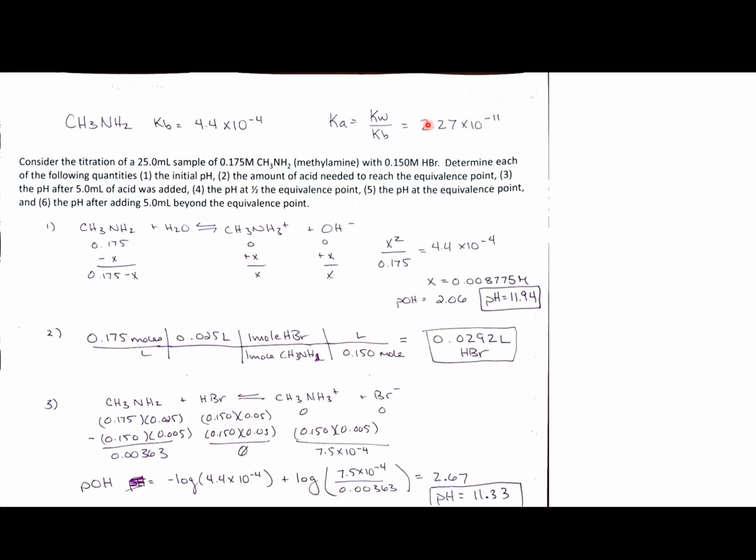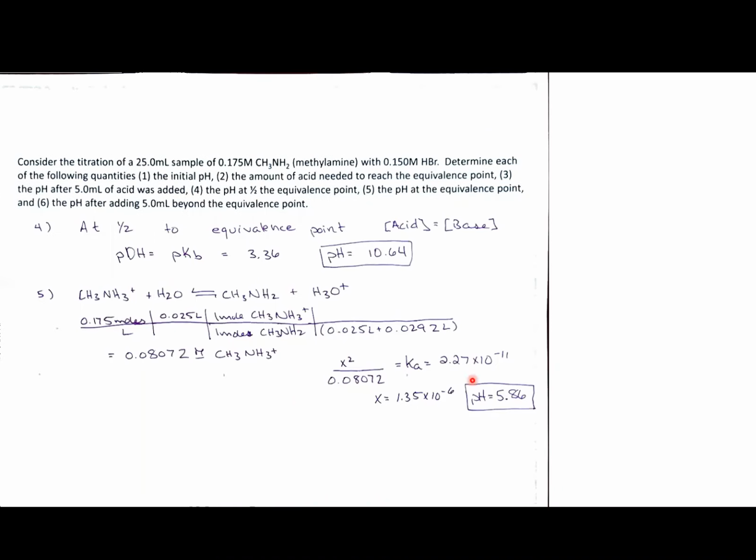That's where that comes from. All right, cross multiplying and taking the square root, I get 1.35 times 10 to the minus 6. That is my hydrogen ion concentration, or my hydronium concentration, and that is a pH of 5.86. Do not need to subtract from 14 for this one.